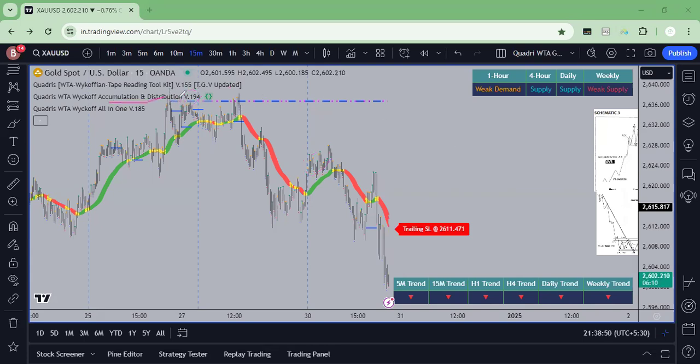Just as I said, it will give you a level which will act as a resistance, or ice, in both ways.